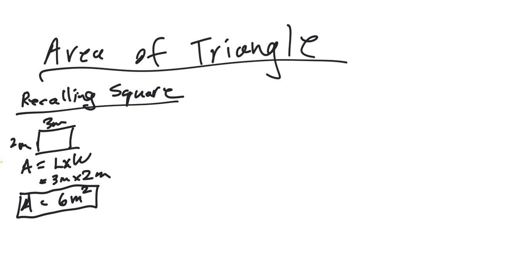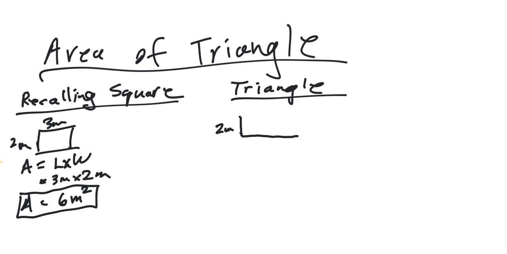Now, this is the same calculation, but this time we're going to do it for a triangle. All right, so let's say that our triangle still had the same height of 2 meters, but its width is also 3 meters.